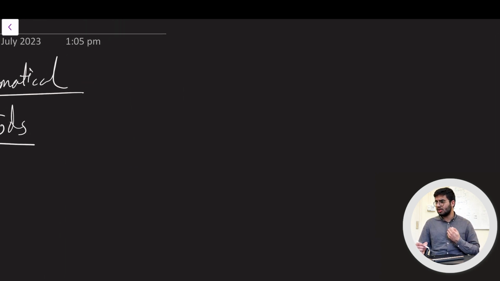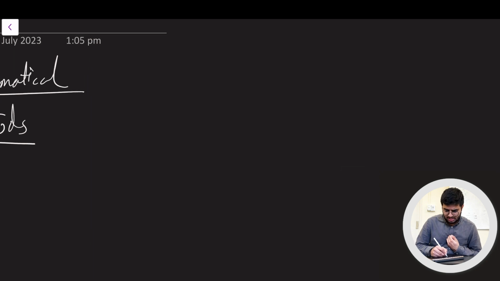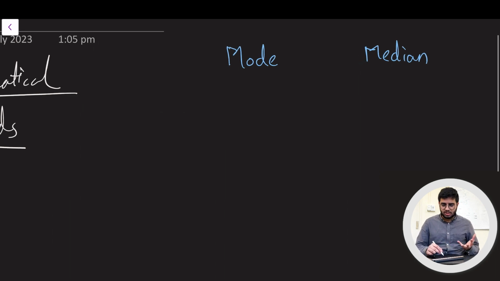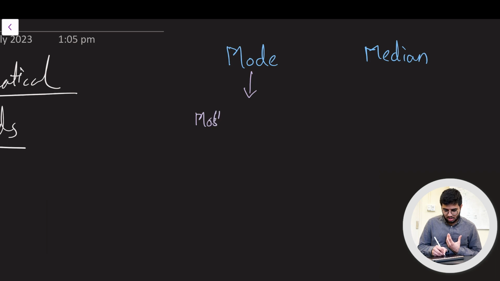So let's just start off by looking at the mode and the median. You've probably heard of these before: mean, median, mode. Simple stuff. It's kind of elementary in statistics, and really, a mode is just the most frequently occurring value.